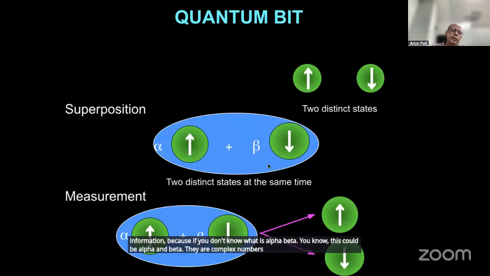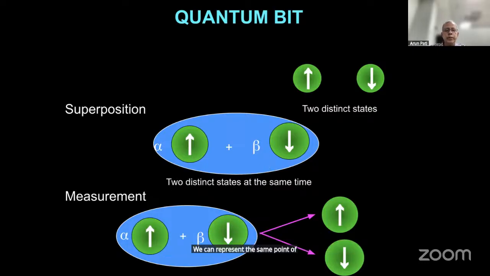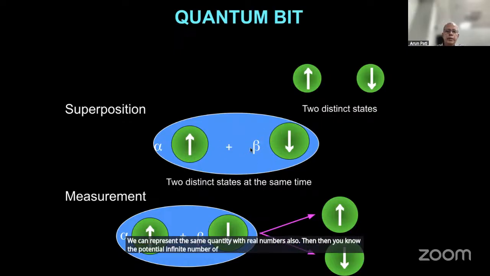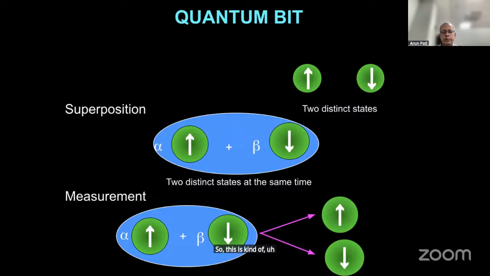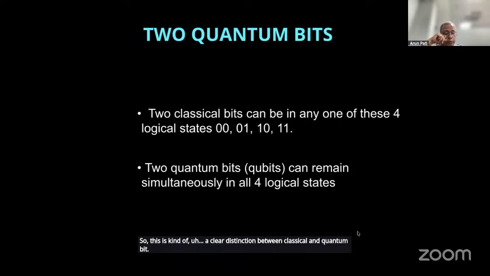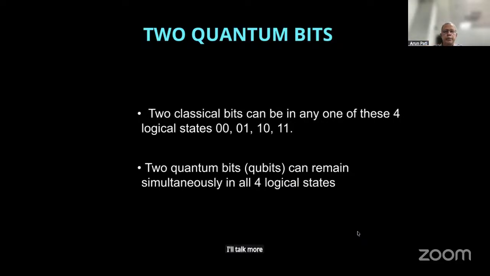That means you can represent the same quantum state with real numbers also. Then there are potentially infinite number of possible states you can identify from this superposition. But by doing measurement, you can extract only two possible outcomes. That means you can extract only one classical bit. So this is a clear distinction between classical and quantum bit. I will talk more in the next few slides.